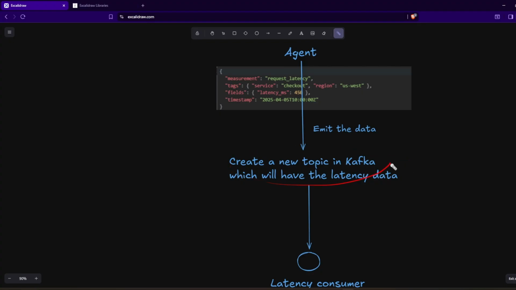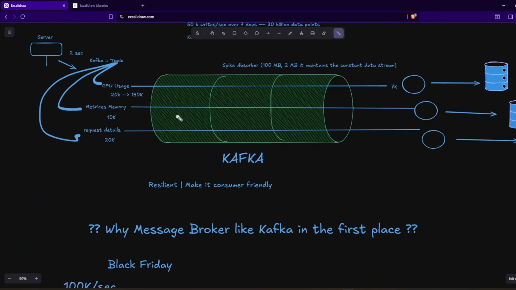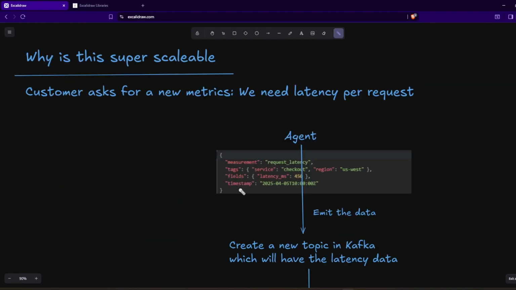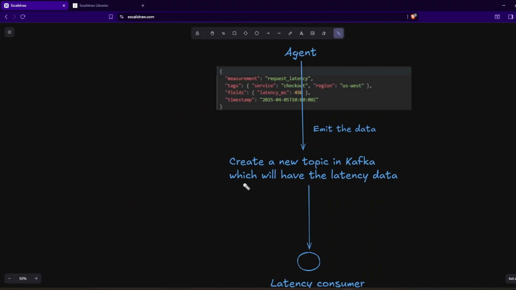We are just going to create a new topic in Kafka. So earlier we had CPU usage, metrics of memory, and the request details. Now we are going to have the metrics of latency. That's all, nothing else. These server machines or our agents, whatever data they will be emitting, will be emitting this request latency data.